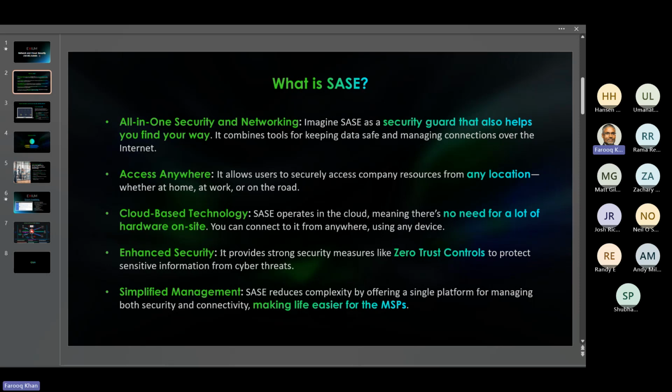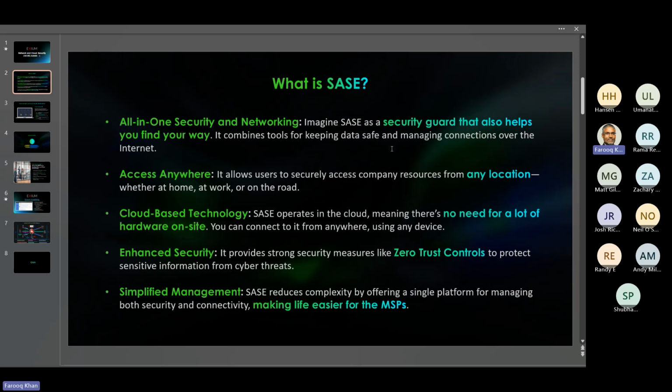It also delivers enhanced security because it has zero trust security controls, and because it's integrated networking and security, there are not many blind spots like when you have silos of networking and security. And if it is done right, it's supposed to make life easier for the MSPs.